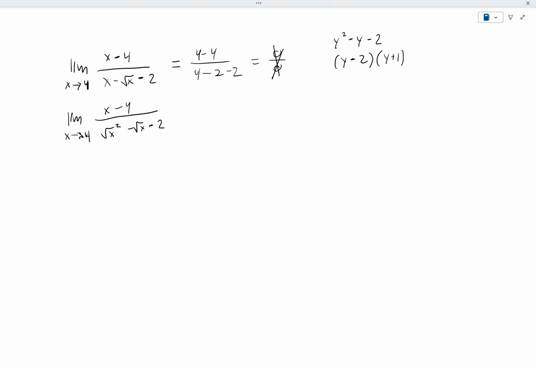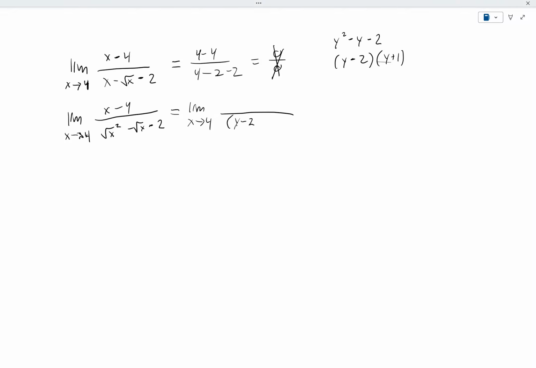Okay, well let's just say that y is equal to the root of x. Well, that just means that for this step down here, you'd plug in the root of x for both of your y's. So this is the exact same thing that's going on in the denominator here. So we can factor that in the denominator the exact same way as we factored it in terms of some variable y up here.